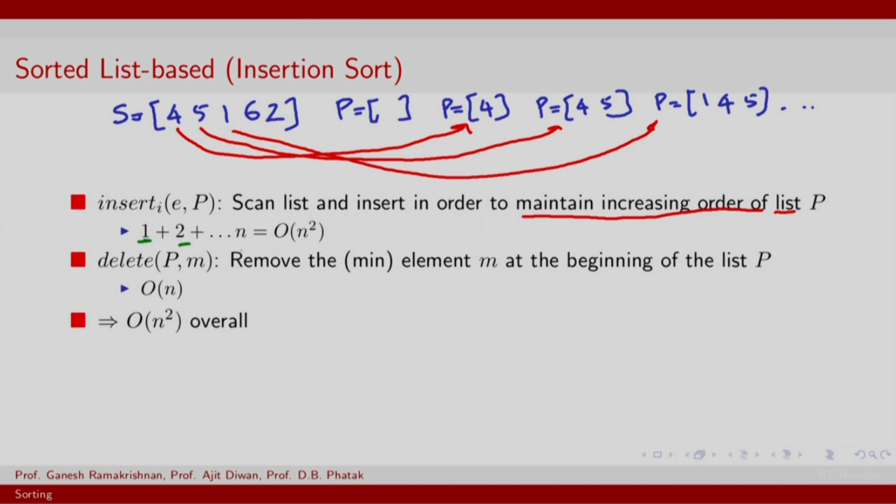In fact you will have to incur 1, 2, 3 up to n irrespective of how well arranged the elements in S are. So this is the order n square insertion time.